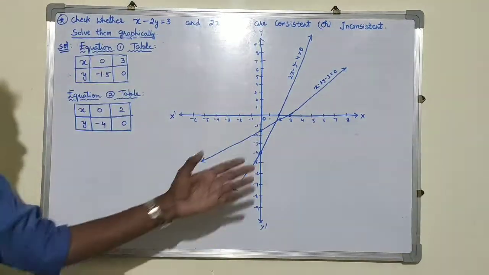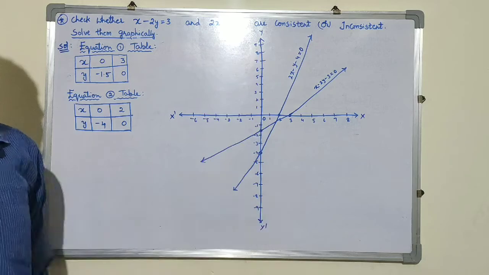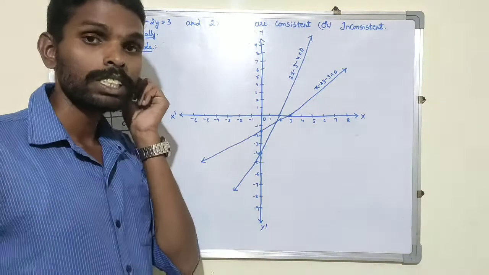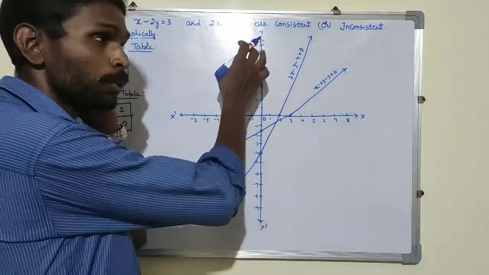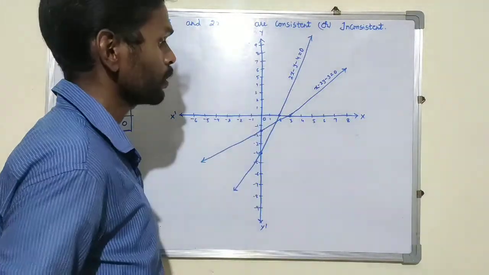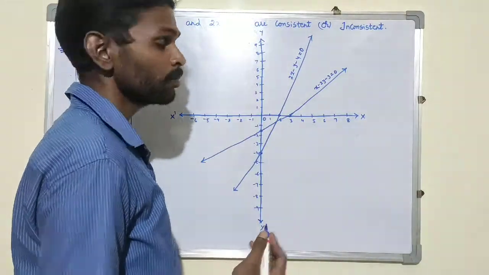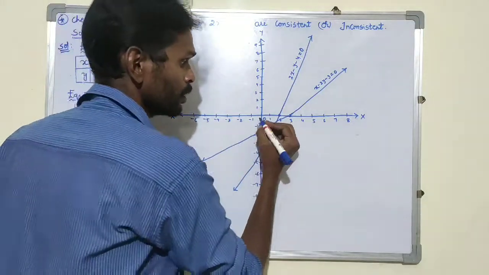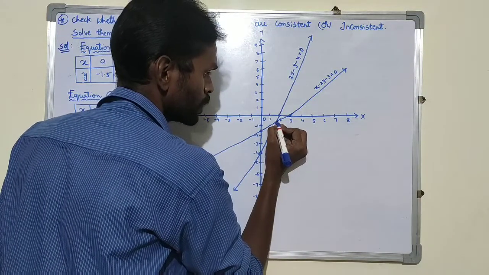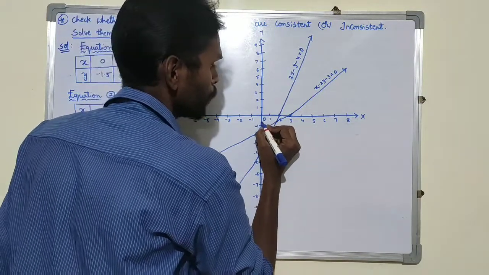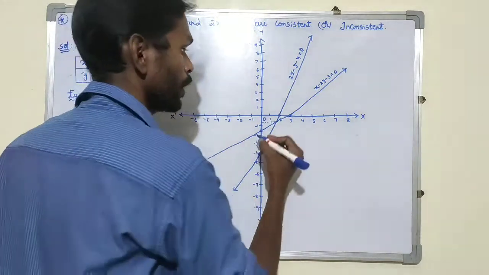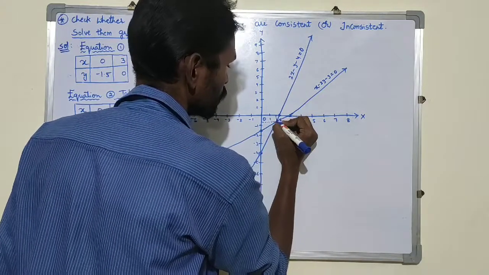Now it is clear that the 2 lines are intersecting at one point. Let us see what that is. It is a whiteboard, so it is somewhat difficult to get the solution here, but if you do the same problem on graph sheet, you can easily get the solution. Now see how to find the solution after getting the intersecting point. Just draw, this is the point of intersection. Draw one perpendicular to the y axis from that point and one to the x axis.